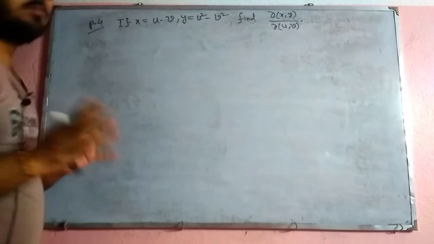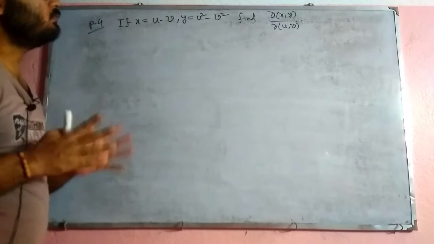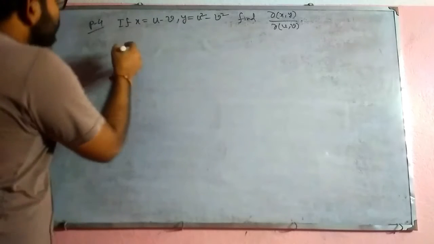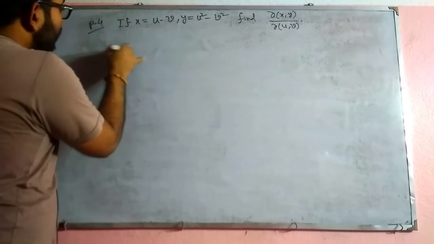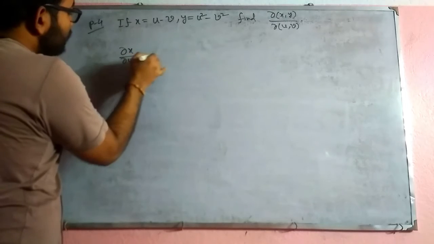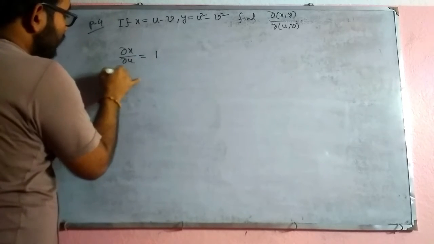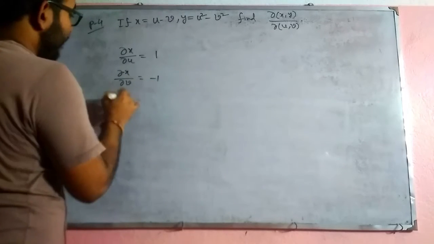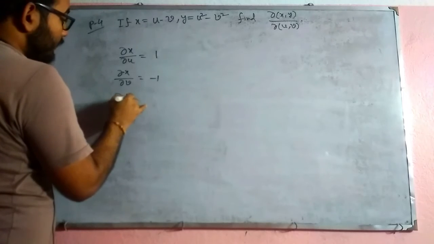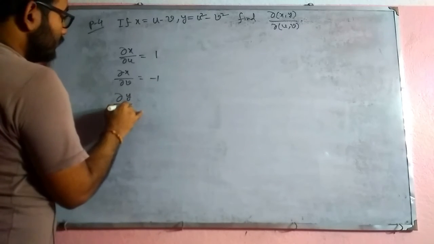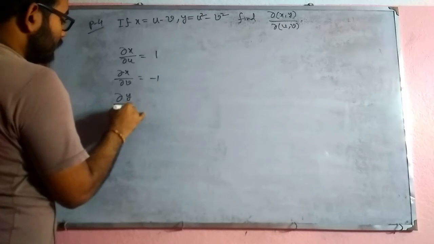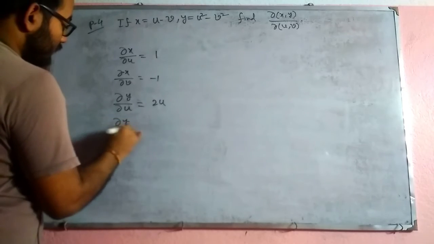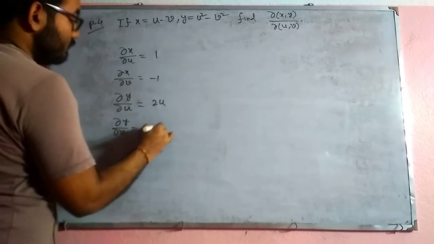Now we have to determine the partial derivatives. Del x del u is 1, del x del v is minus 1, del y del u is 2u, and del y del v is equal to minus 2v.